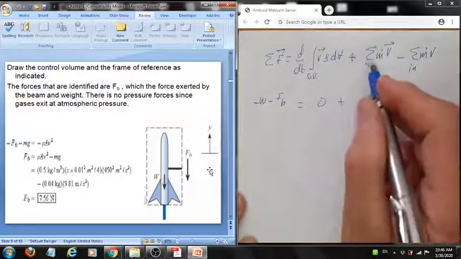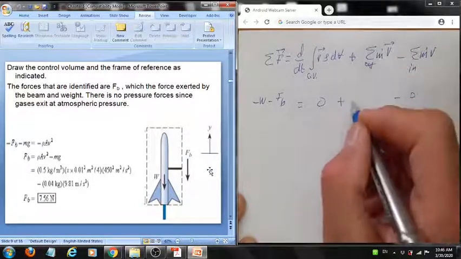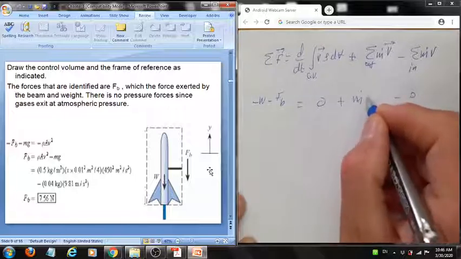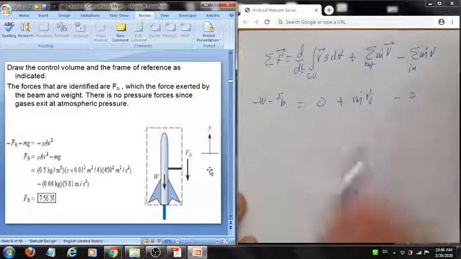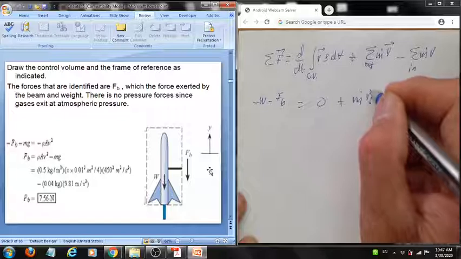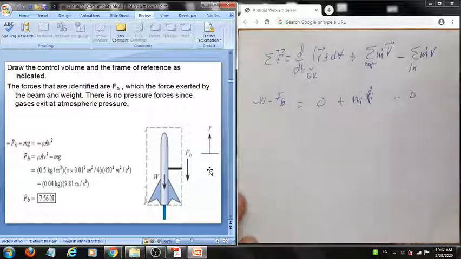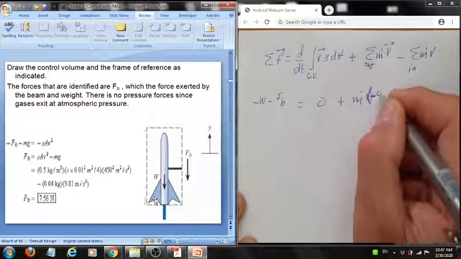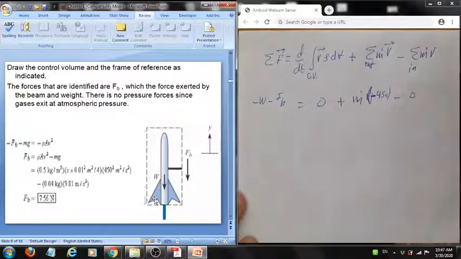We're left with only one stream, which is basically m dot and the velocity. Instead of the velocity vector, we can write its magnitude, which is minus 450 downward. It's minus because the velocity here is in the negative direction.